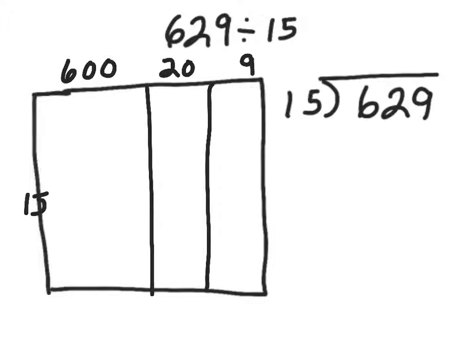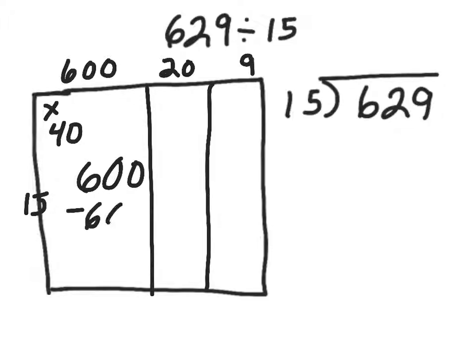What times 15 gives me 600 or close to it? Let me try my tens. 4 tens times 15 gives me 600. That's why it's important that you are fluent with your multiplication. 600 minus 600 is 0.